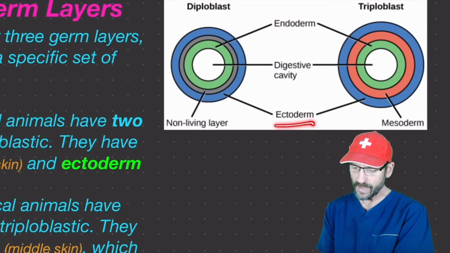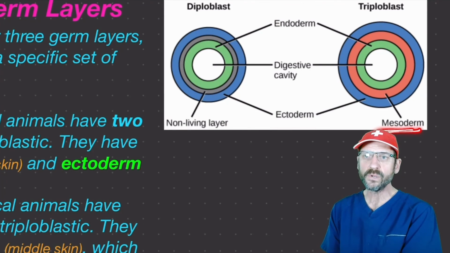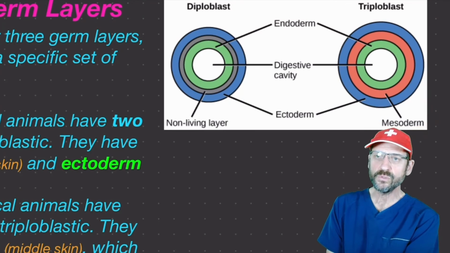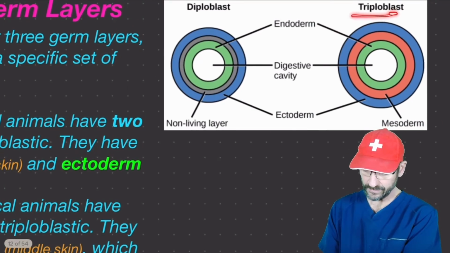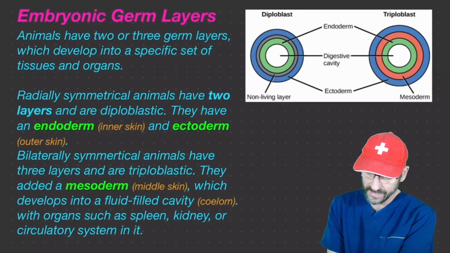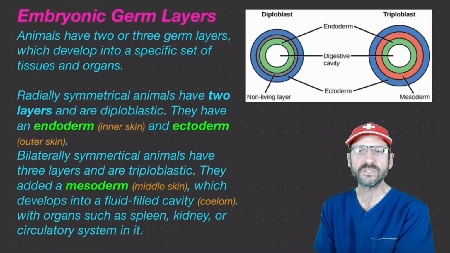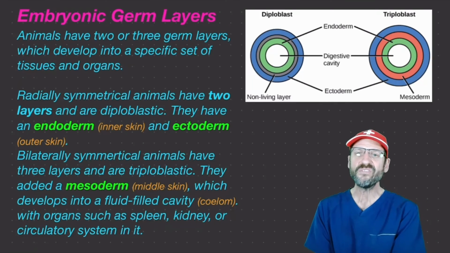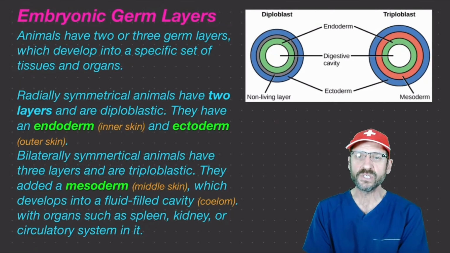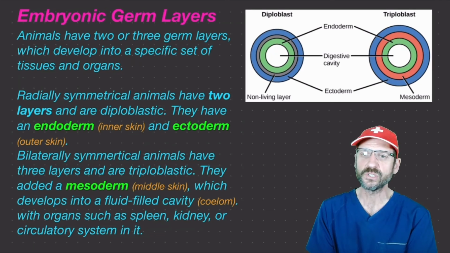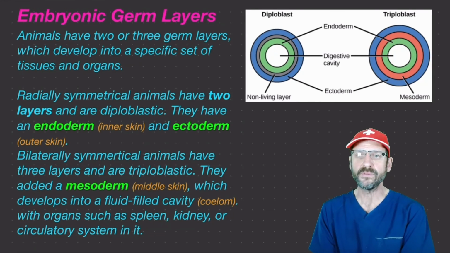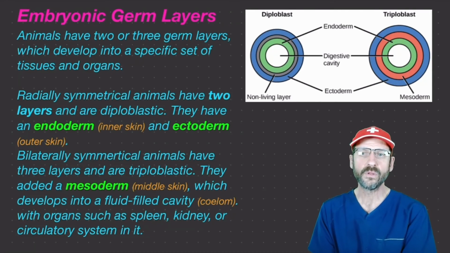The ectoderm, both of them have it. But then the mesoderm is specific to the triploblasts right in here. And then the mesoderm, that middle skin, develops into a fluid-filled cavity, and we call that the coelom. The organs such as the spleen, the kidneys, the circulatory system, and so forth can be suspended inside that cavity.